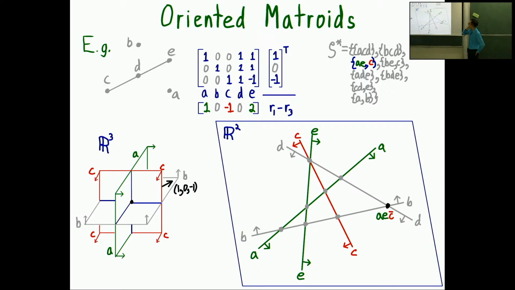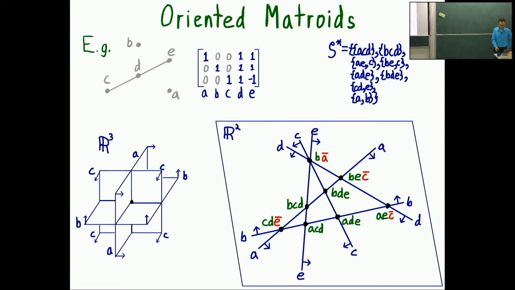And if you recall, minimal elements of this row space are co-circuits of the matroid. So each of these intersection points actually corresponds to a co-circuit of the matroid, where the bipartition respects these directions I've given to each of these lines.